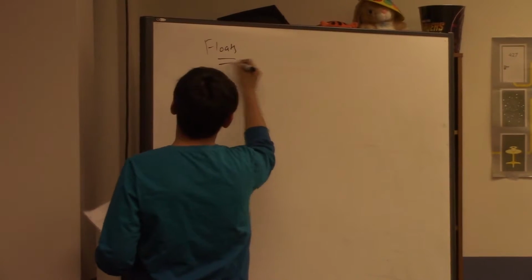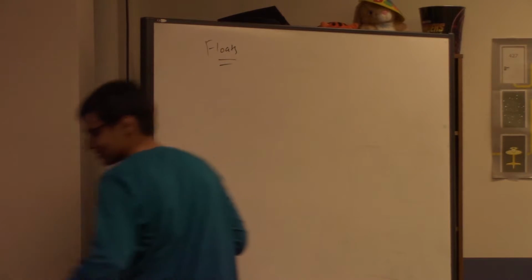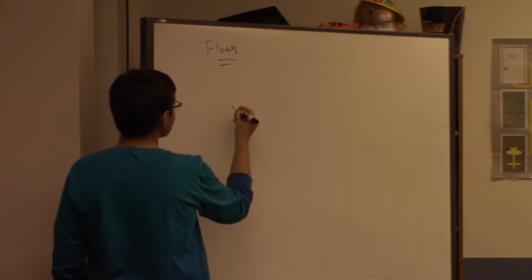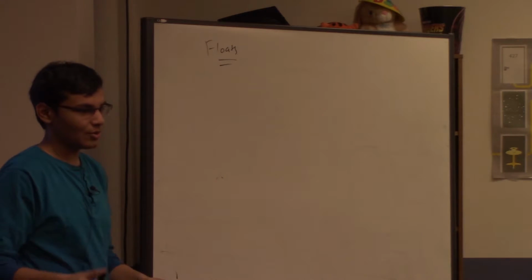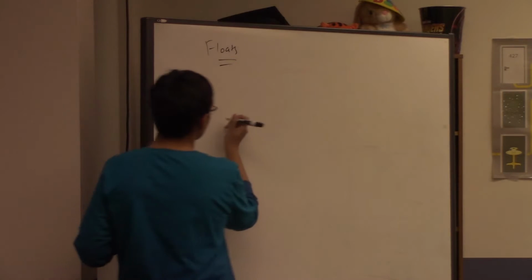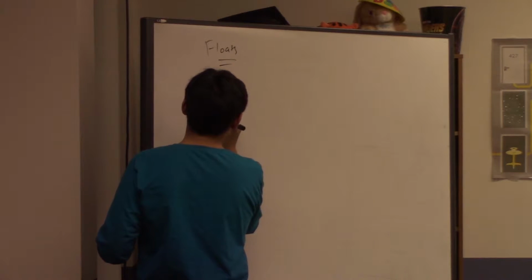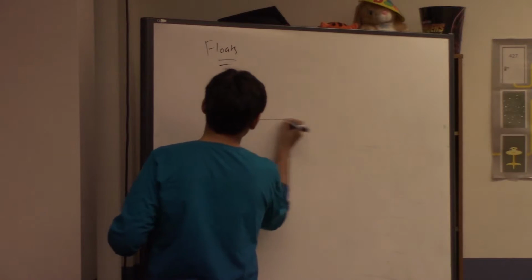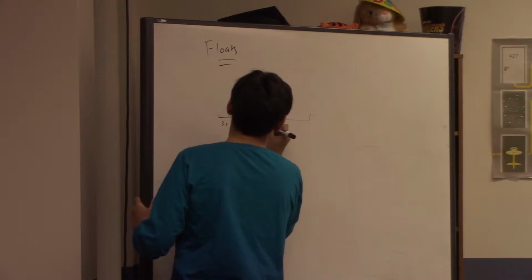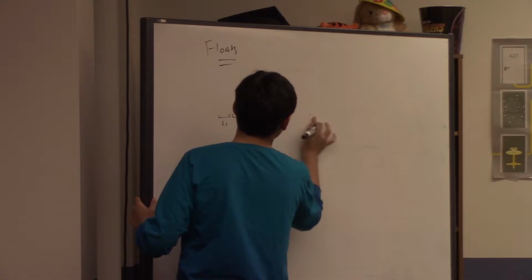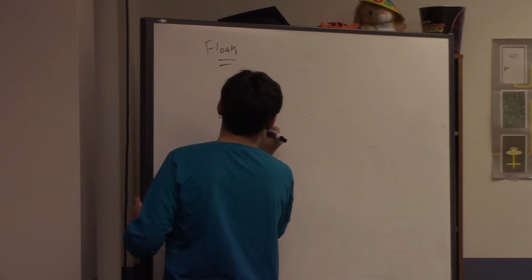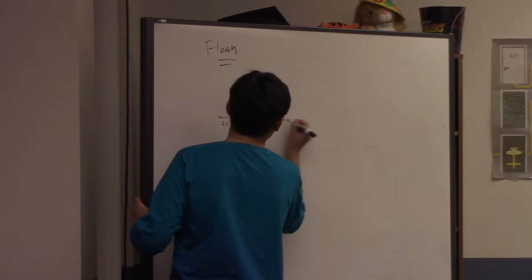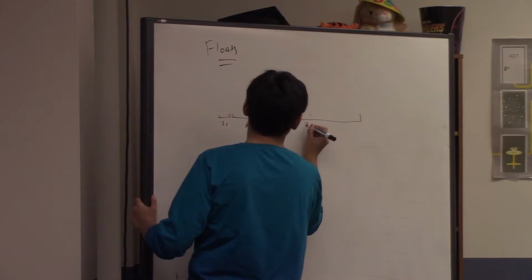So, floats. Okay, I don't need this now. Back in 1998, you had 32-bit integers. They're indexed from 0 to 31. Obviously, the 31st bit is here, and then 30 to 23, and then 22 to 0.